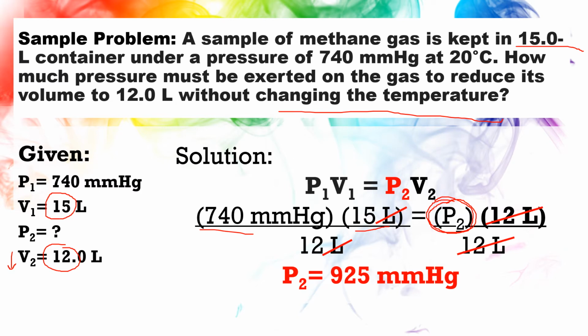Since the initial condition for pressure is 740 and what we solved was 925 millimeters mercury, from 740 to 925, it increased. So our answer is therefore correct because there is a decrease in volume, therefore there must be an increase in pressure.